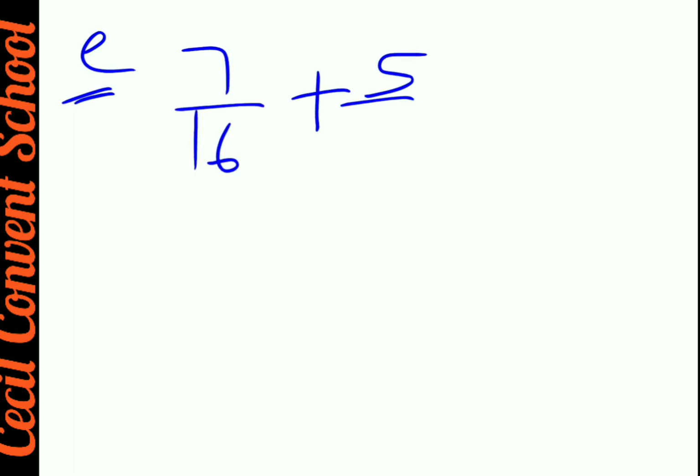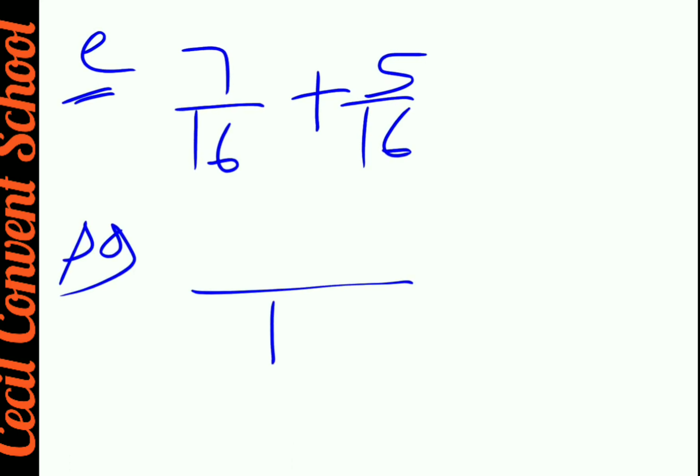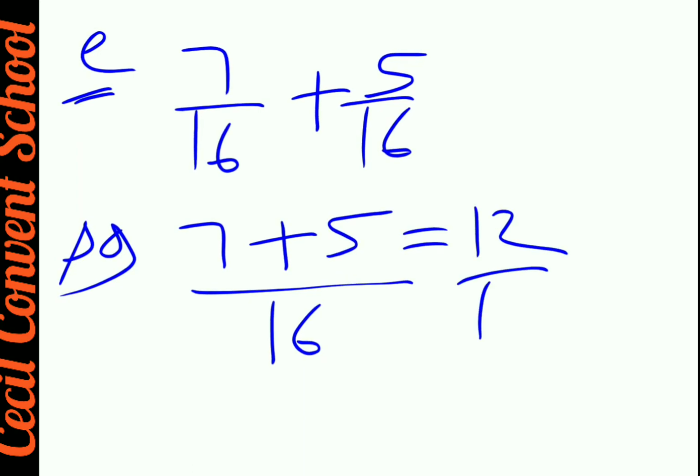Now we do E part. E part is 7 upon 16 plus 5 upon 16. Clear? So the common denominator is 16. 7 plus 5, the answer comes 12 upon 16. Now 12 and 16, both the numbers come in which table? It comes in the table of 4.